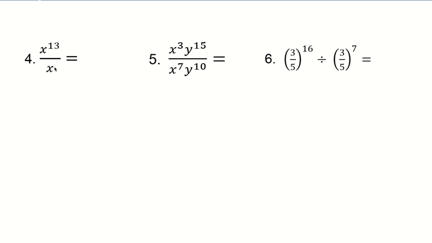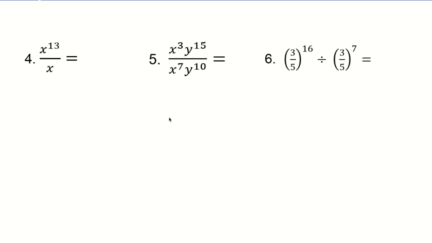Here, remember, there's technically a power of 1, so this final answer would be x to the 12th, because 13 minus 1 is 12. Here, like I said, you would just simplify the x's and the y's separately. So this answer would be x to the negative 4th power, y to the 5th.